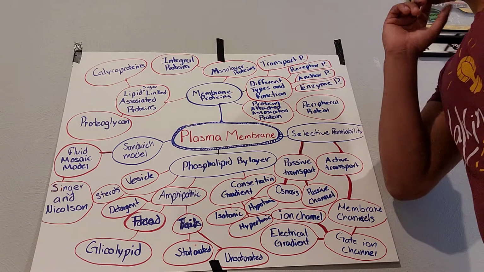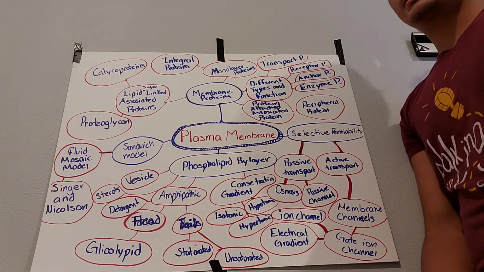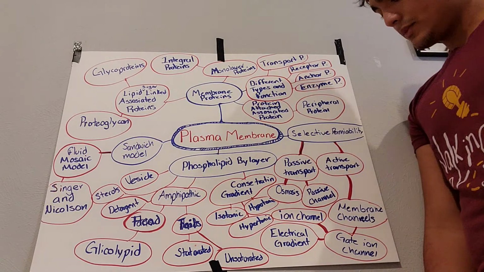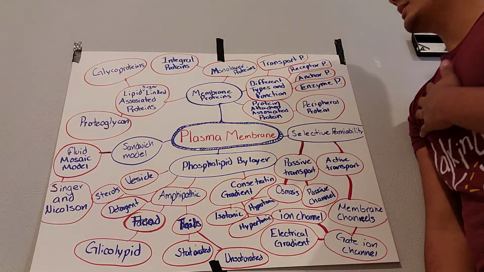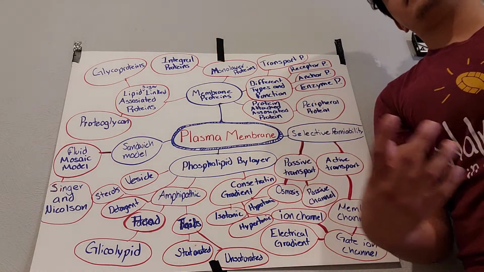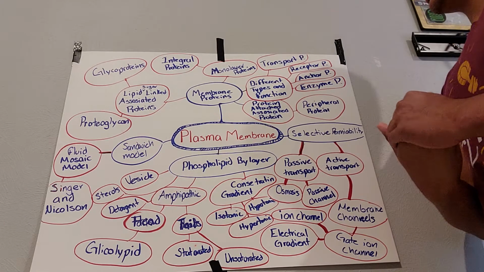I'm going into membrane proteins. These proteins serve different functions. They can be transporter proteins, which can bring stuff into the cell, kind of like membrane channels. That's one of the transport proteins. A receptor protein can receive a molecule and then send a signal to the rest of the cell.